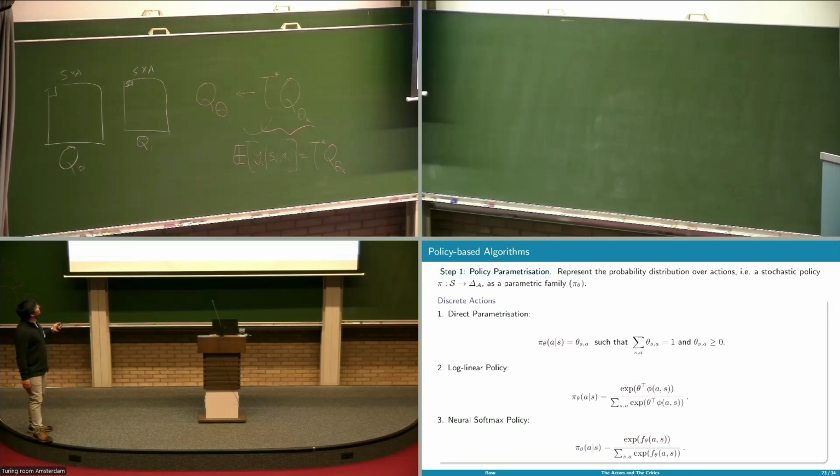So then the next thing that people use is the log linear policy, where you say basically my policy has this form, that is θ transpose some feature dependent on A and S, and then you exponentiate it, right? The exponentiation is something very common, as you can see. We'll see why we typically go for exponentials.